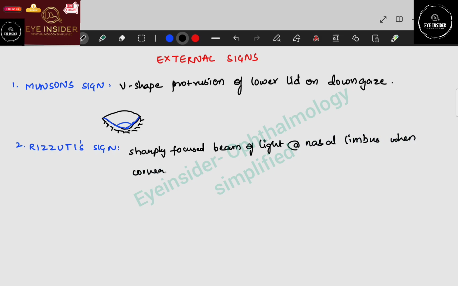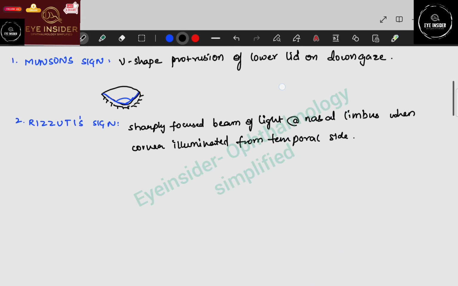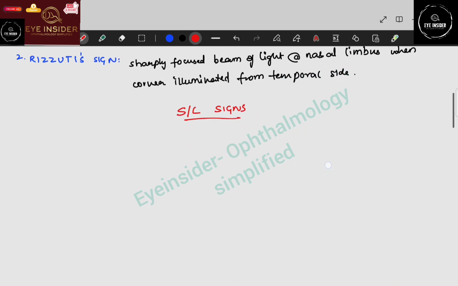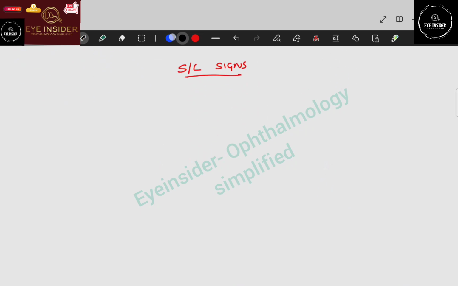So when we throw a light on the lateral side, the keratoconus cornea will focus it over the nasal part of the limbus. We show it in a diagrammatic way: the light is thrown from the lateral side and it is getting focused over the nasal limbus. This is the Rizzuti sign. These are signs we can see with the bare eye.